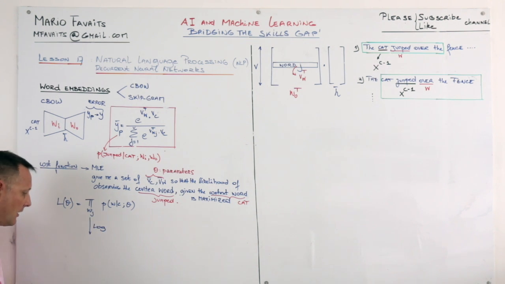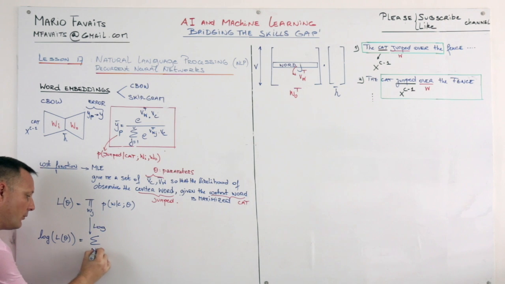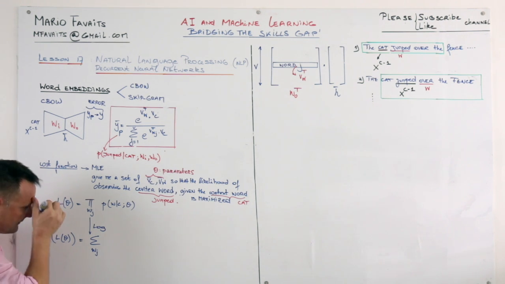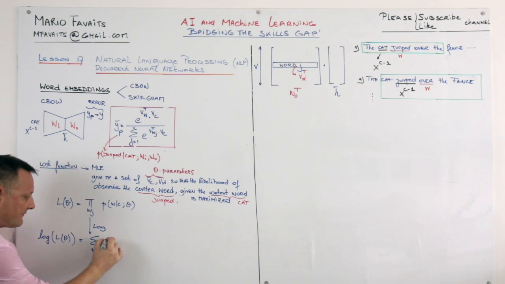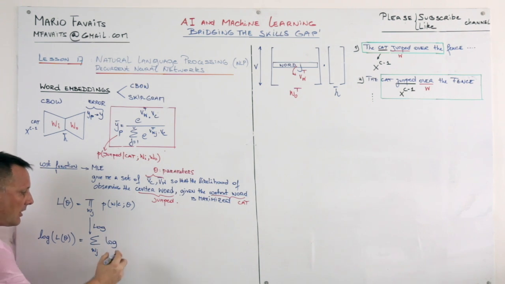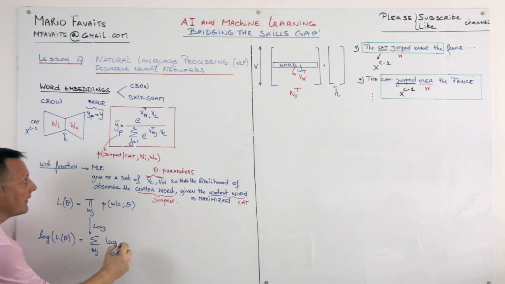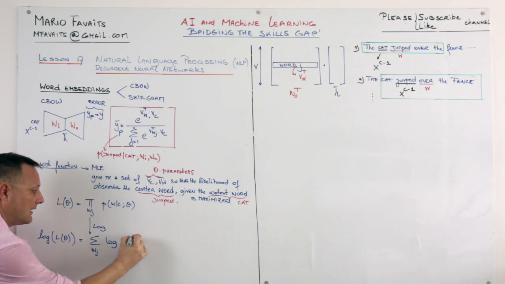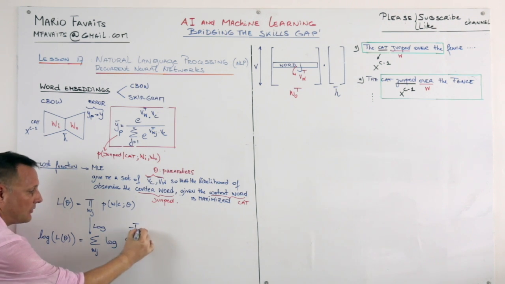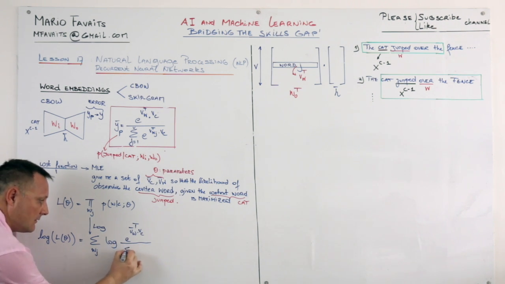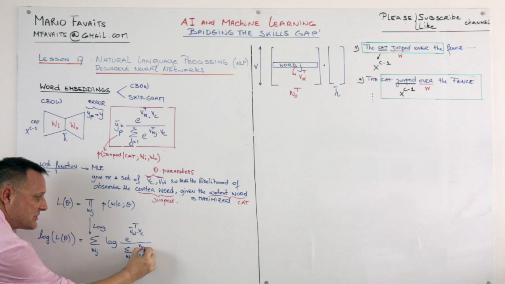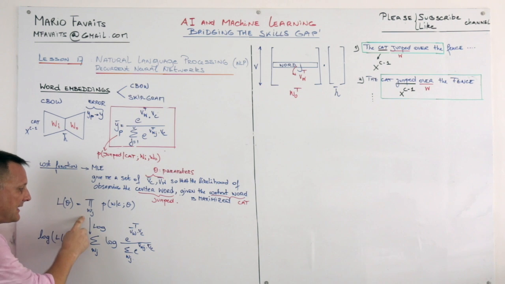So if we take the log, we have the log of L of theta equals the sum over all words Wj of the log of e to the Vw transpose Vc divided by the sum over all words of e to the Vwj transpose Vc.